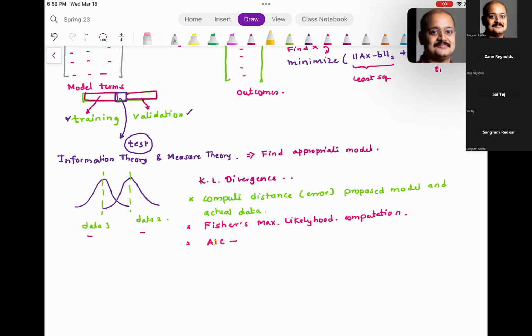AIC is the Akaike information criterion. And then there is something called BIC, which is the Bayesian information criterion.